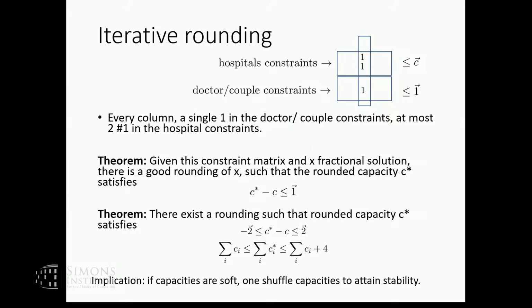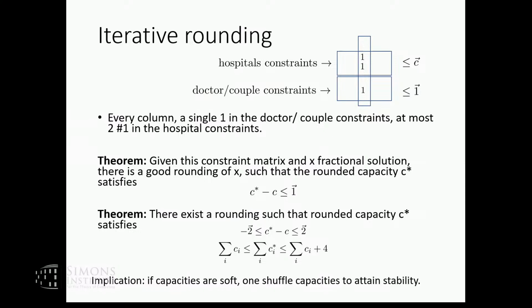And yes, we can do it. The key thing is that in this constraint matrix, looking at the hospital constraints, there are at most 2 ones in each row, and only 1 one in the doctor and couple constraint for every row. And if this is the constraint matrix, I can route such that C star is at most C plus 1.